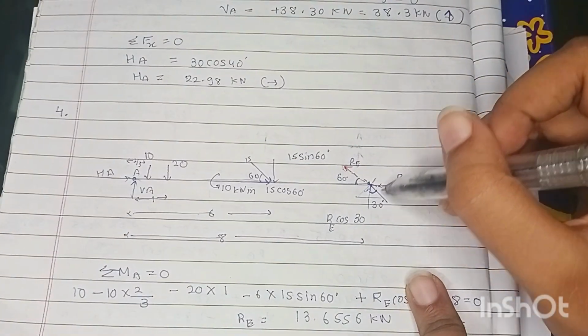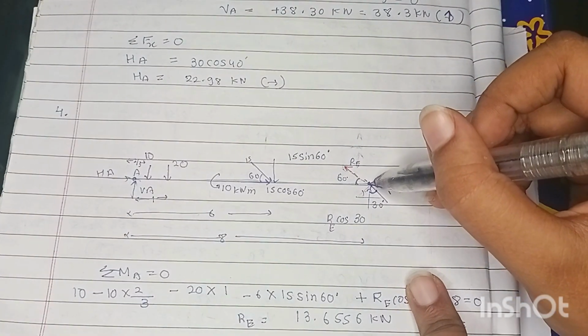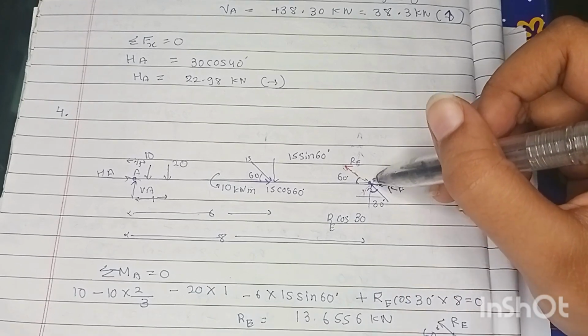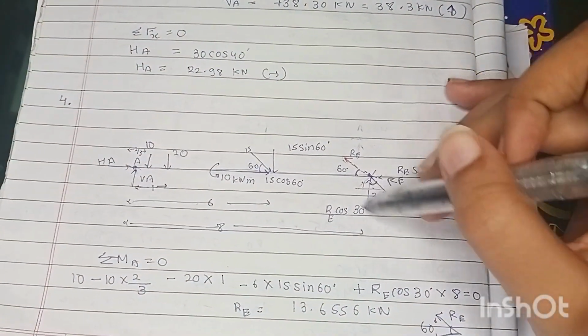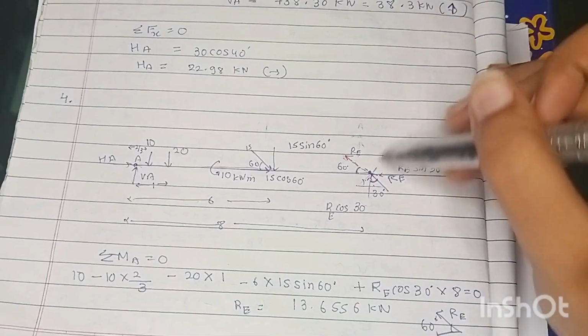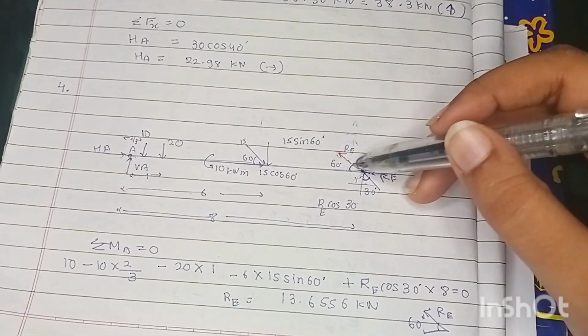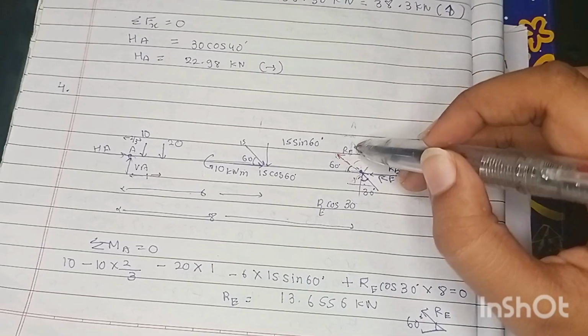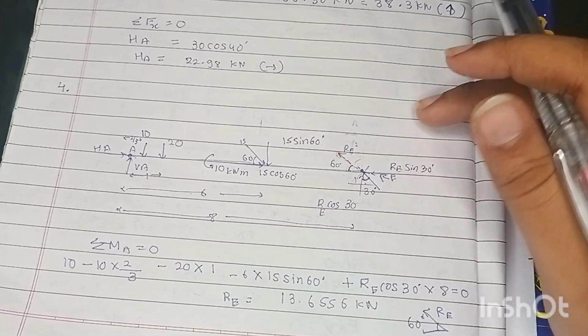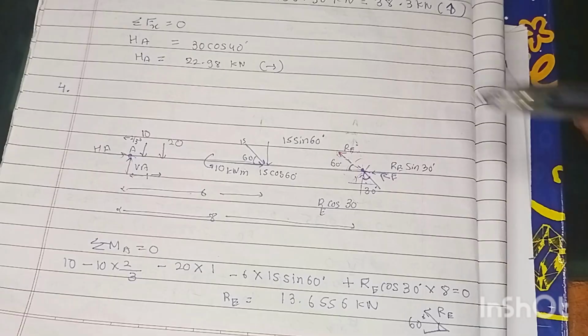So if the ground is at 30 degrees, it will make 30 degrees over here, because it is perpendicular to that inclined plane. And if it is 30 degrees, this will be your RE cos 30, and this will be RE sin 30. And for this, if it is 30, then 90 minus 30 is 60. Okay, so from here the 60-degree angle will be formed.